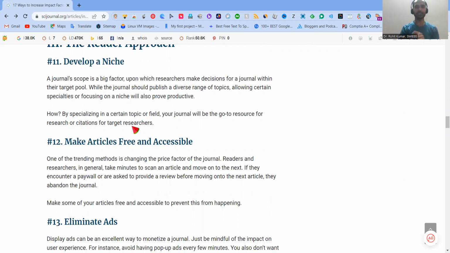So by default, a niche gets created. And this niche is very important because in a huge world of information, you need to find the right sort of information, and it is very difficult for a new user. So that trust should come, and if you have developed that niche, that trust automatically comes in.